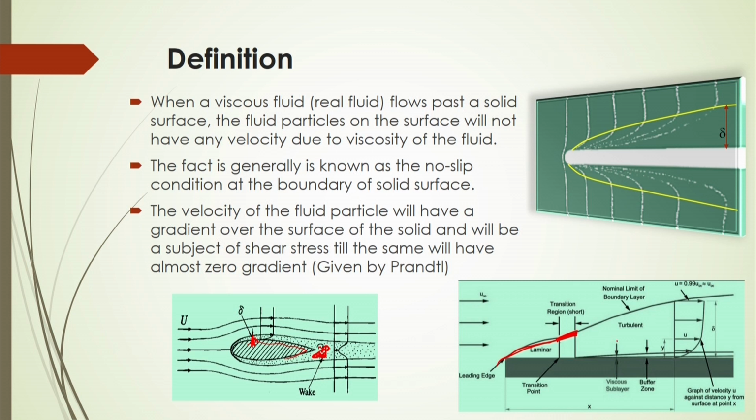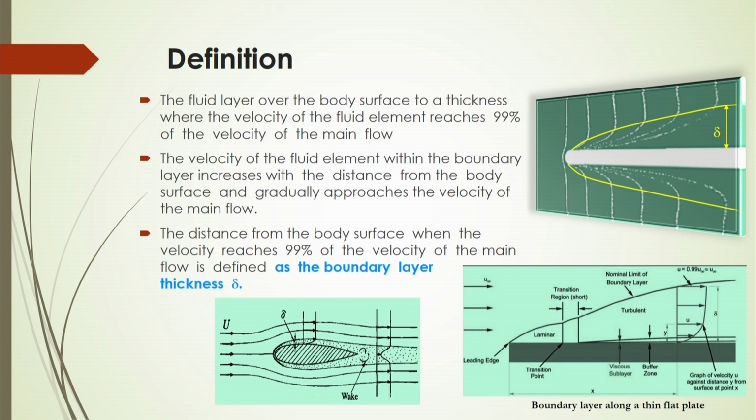And then after that you will see there will be a normal limit of the boundary layer, where the velocity will reach 99% of the free stream velocity. So at this point you can obtain the boundary layer thickness. If the fluid layer over the solid surface extends to a thickness where the velocity of the fluid element reaches 99% of the velocity of the main fluid, that is called the boundary layer thickness.